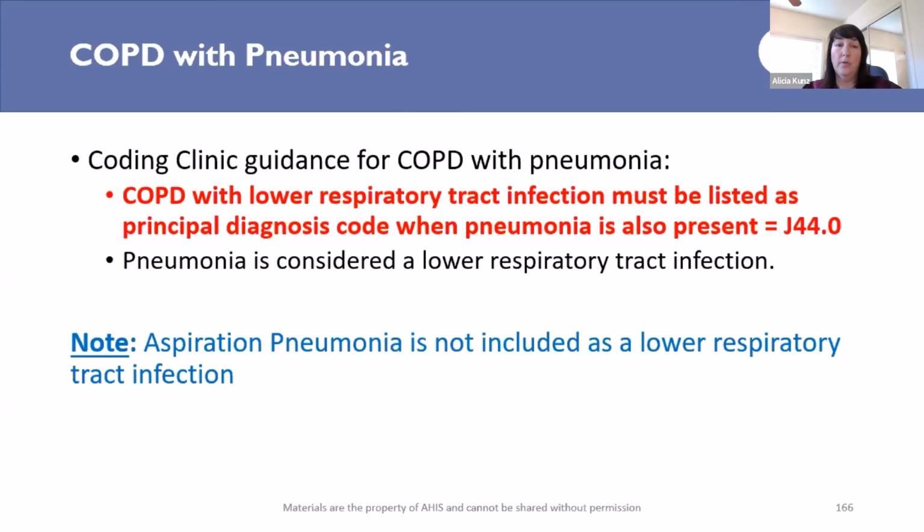Now, just know that aspiration pneumonia is not part of this. It's not included as a lower respiratory tract infection. So if they have COPD and aspiration pneumonia or pneumonitis, you would not have to follow this guidance. So just be aware of this. Next.